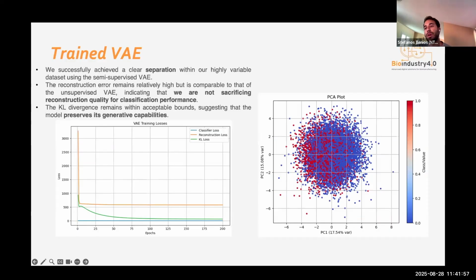This is a PCA plot of the latent space. As you can see, the parameter space has very high variability. All the samples are really close to each other, and we were able to separate the two classes by adding the separation layer.